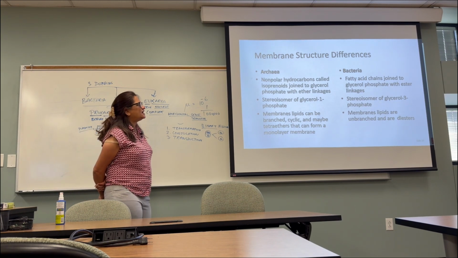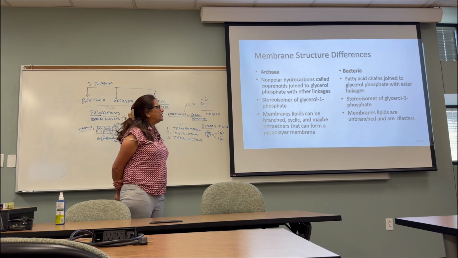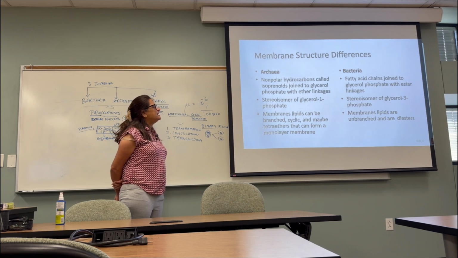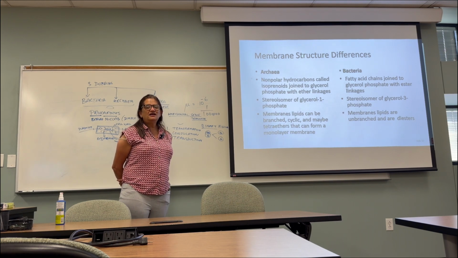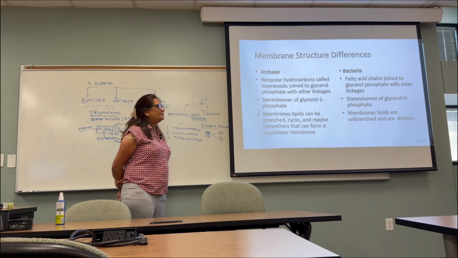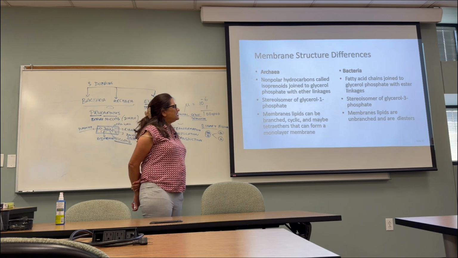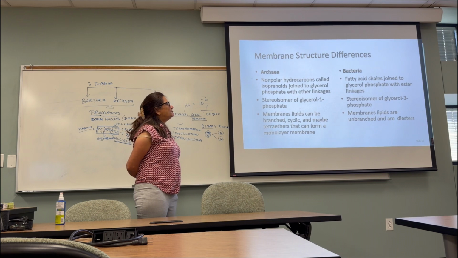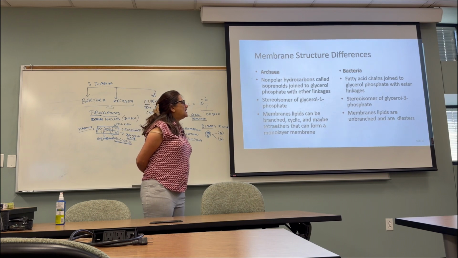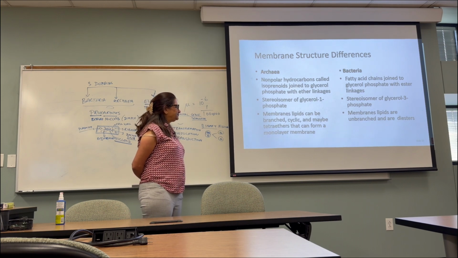So that's how the archaeal plasma membrane differs from the bacterial plasma membrane. Also, archaea have glycerol 1 phosphate, whereas bacteria have the stereoisomer, glycerol 3 phosphate.